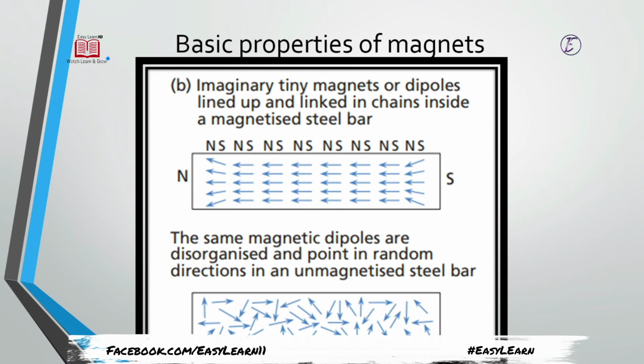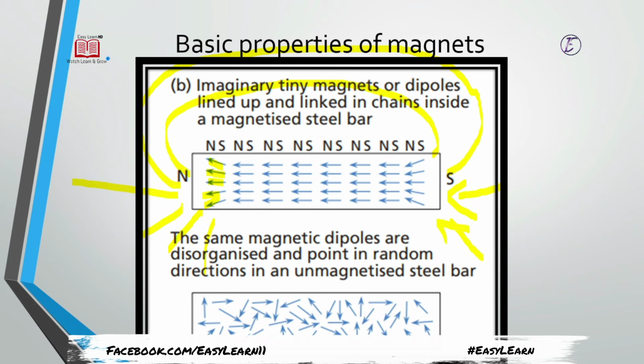Imaginary tiny magnets, or dipoles, are lined up in chains inside. These are the magnetic lines of force. We will discuss the magnetic lines of force later in detail, but in general, when there is a north pole and a south pole, the lines of force go from north towards south, and it will always make a pattern like this. The direction is outward from the north pole and inward towards the south pole.